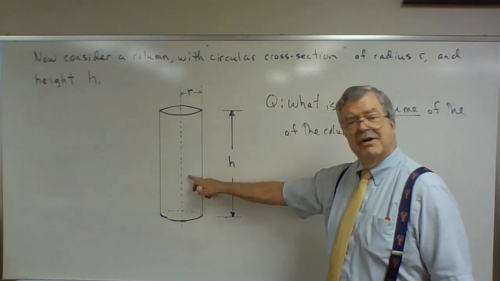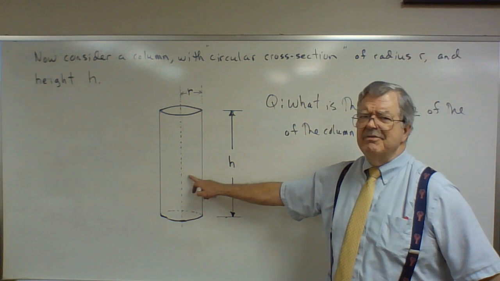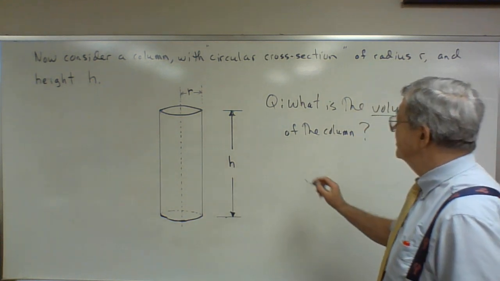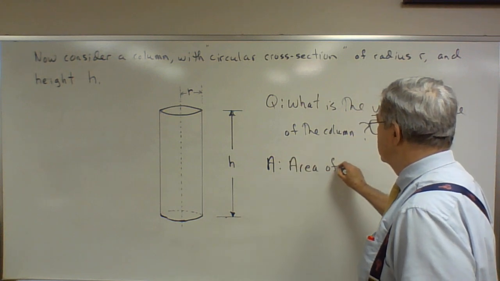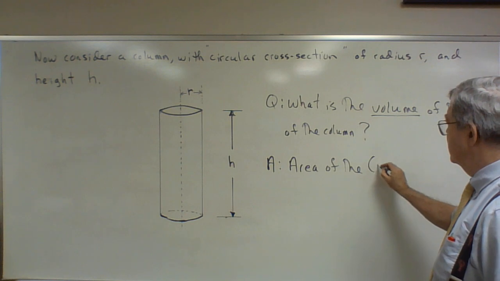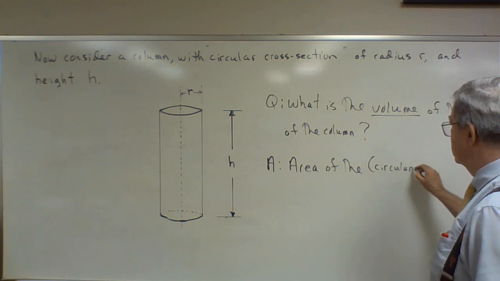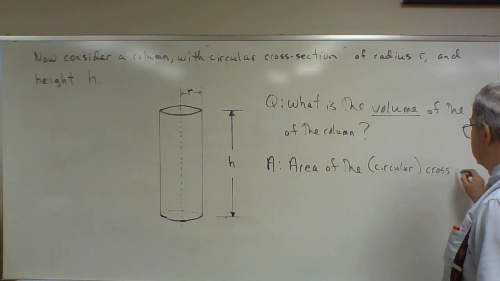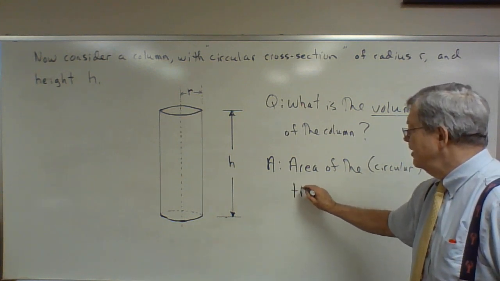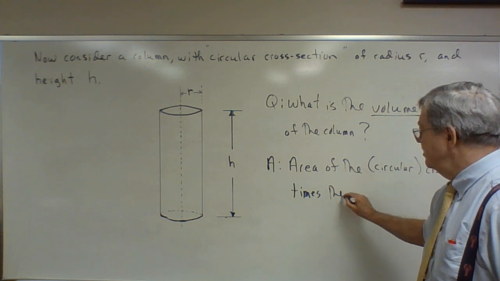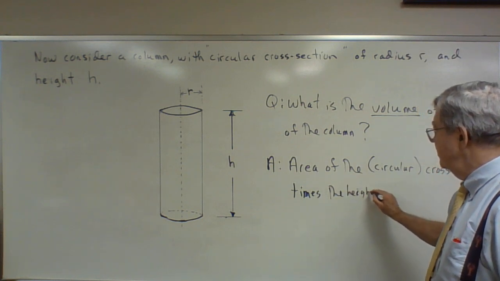Now, the fact that the cross section is a circle here shouldn't really change anything, right? So it should be the area of the circular cross section times the height.